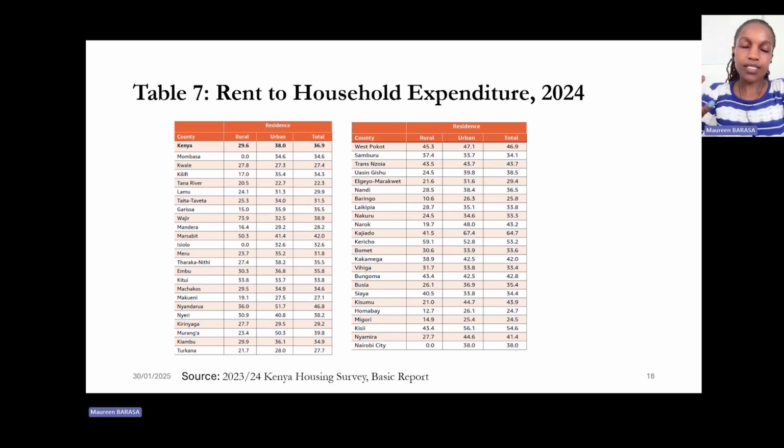So this might be explained by the fact that houses might be few. So it explains the aspect of scarcity, and also maybe incomes might be lower, and these are also upcoming urban areas. So the rents tend to be on the higher side in rural areas.